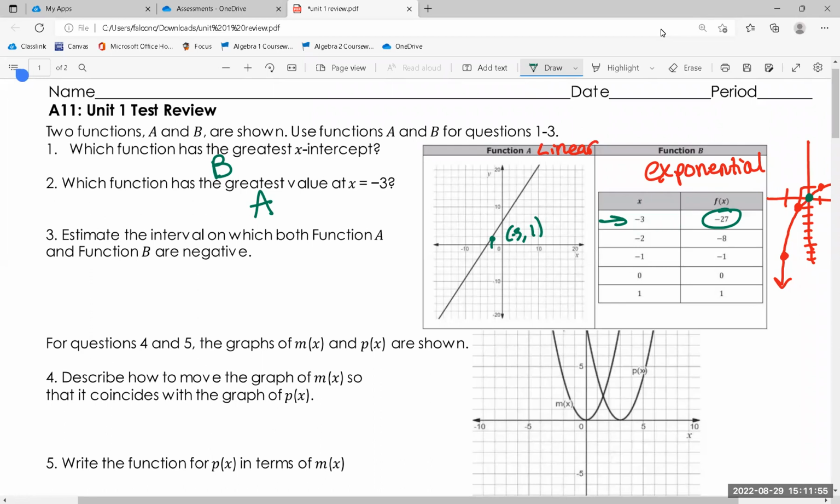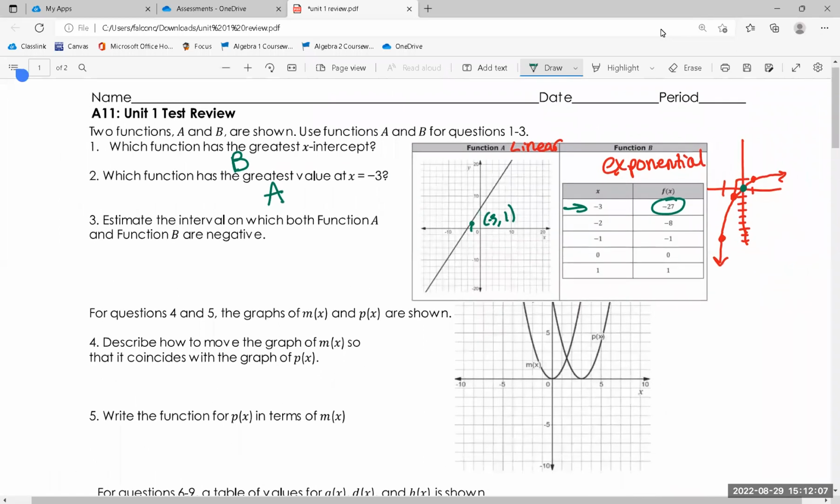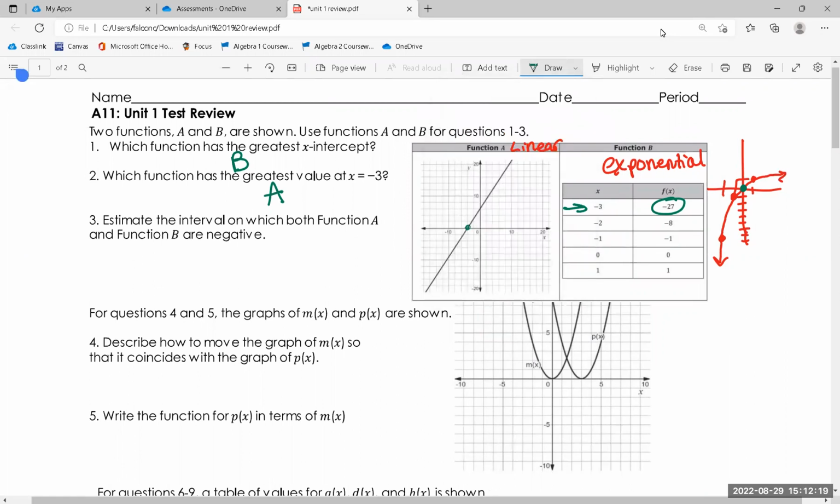All right, and then estimate the interval on which both function A and function B are negative. All right, so negative, that's when our graph is below the x-axis. So all of those negative y values. So looking at function A, the x-intercept is at -4.